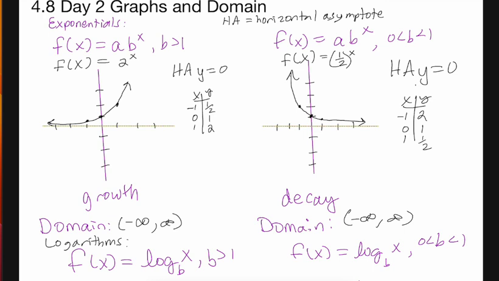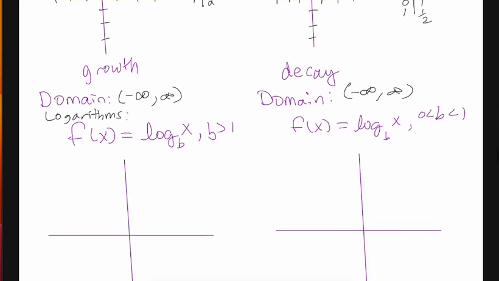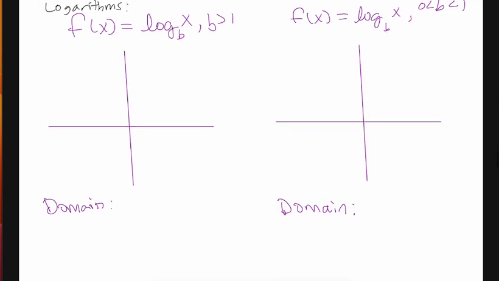So now we need to focus on our logarithmic functions. They're harder to graph. I wouldn't say they're harder to graph. They're very similar. It's harder to choose the correct x's to plug in. We don't have the leeway to just plug in anything we want, okay? That being said, now let's look at the logarithms you see here.